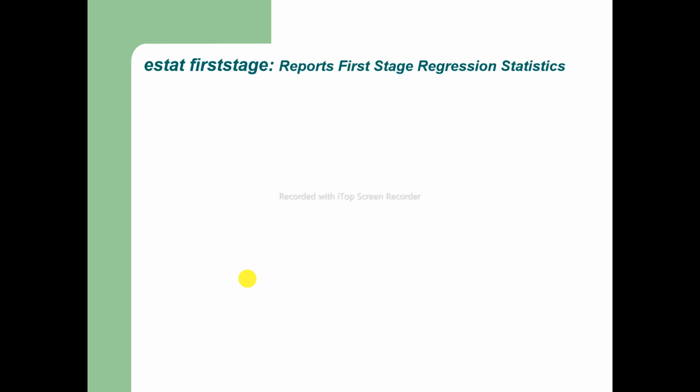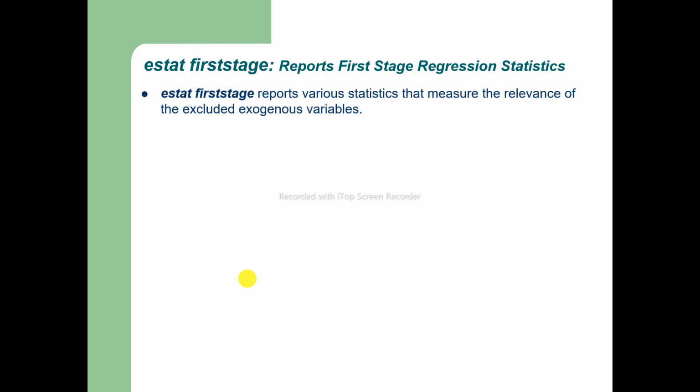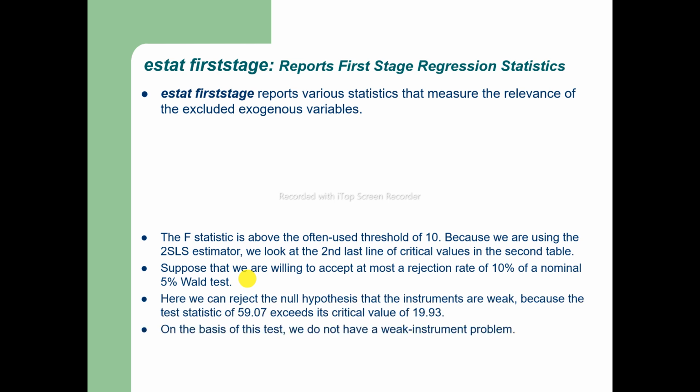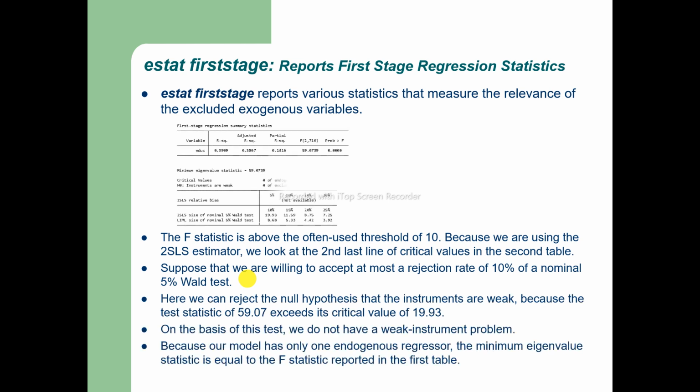After testing for endogeneity, we use the first stage regression statistics with this STATA command, estat firststage, and it reports various statistics that measure the relevance of the excluded exogenous variables. Let us suppose this is the first stage regression summary table.